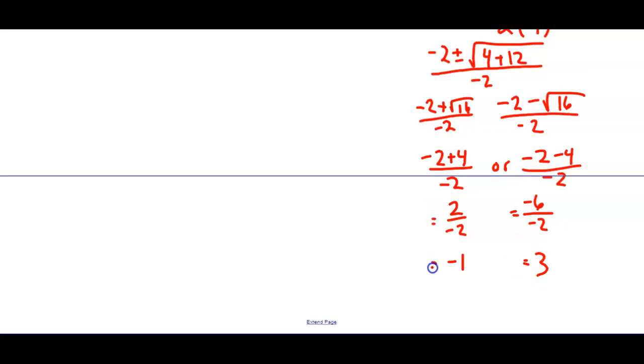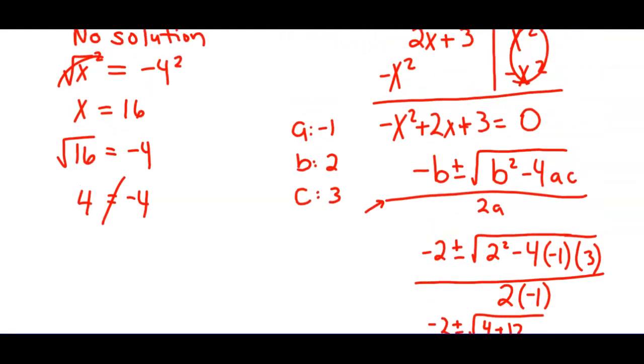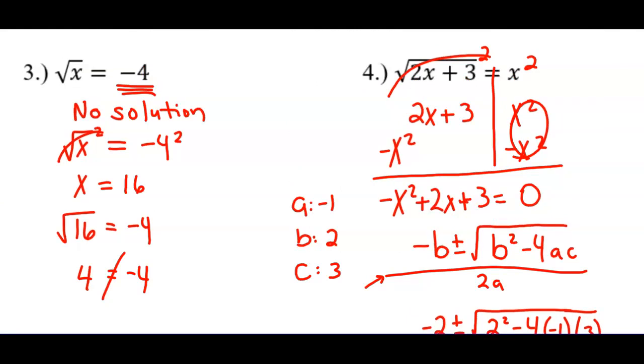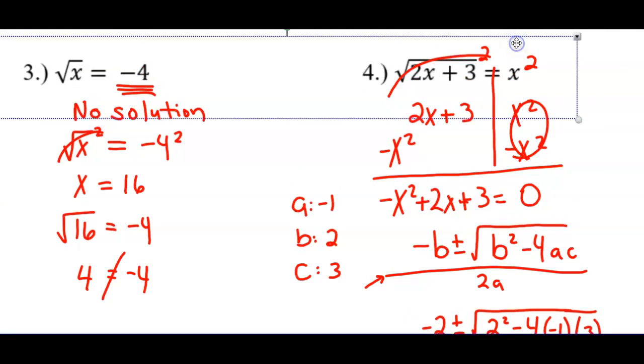Okay? So we just did the math there. We just chugged out an answer. Now, here's my question. Do both of these work? Can x be equal to -1? Nope. x cannot be equal to -1, because in our original problem, we cannot have a -1 here for this x.